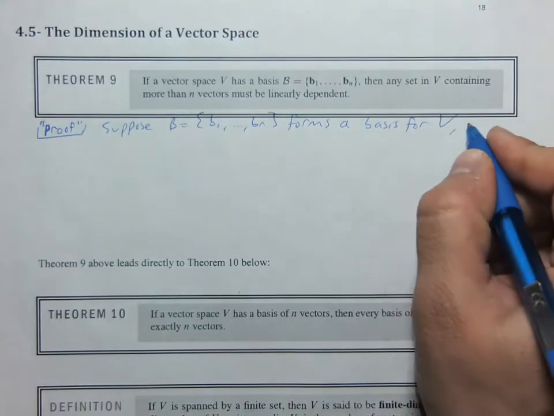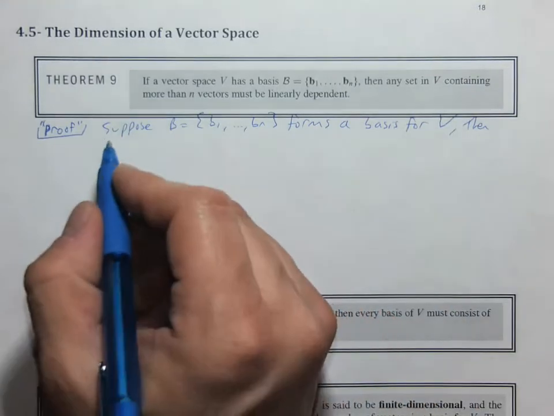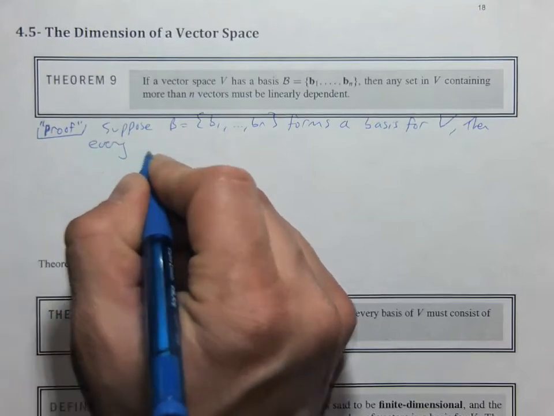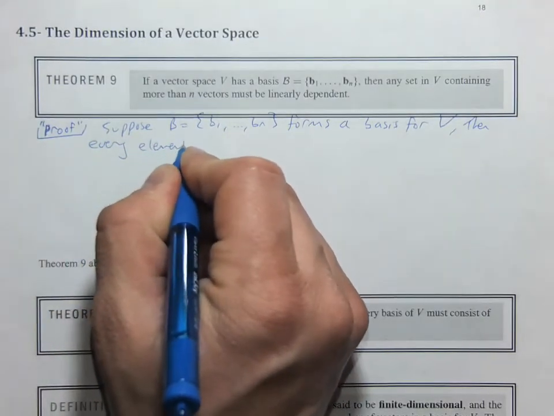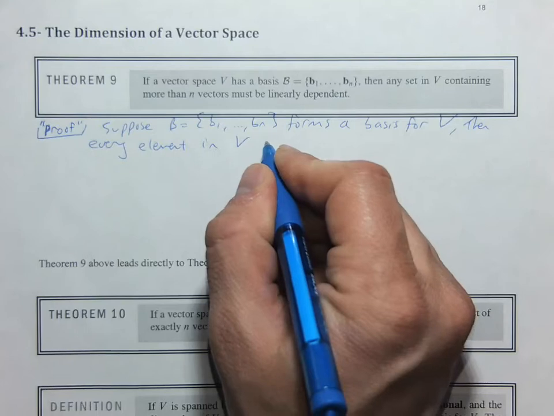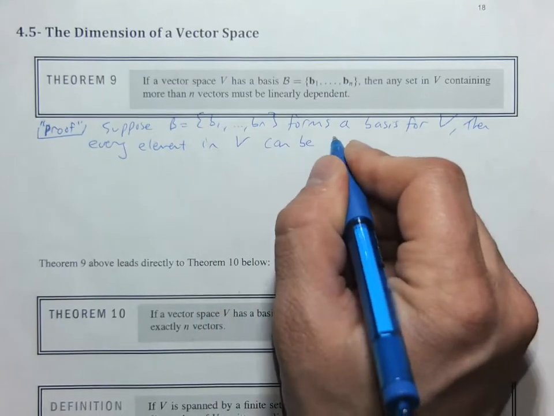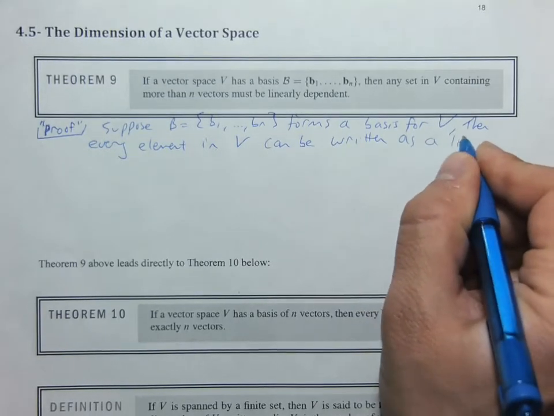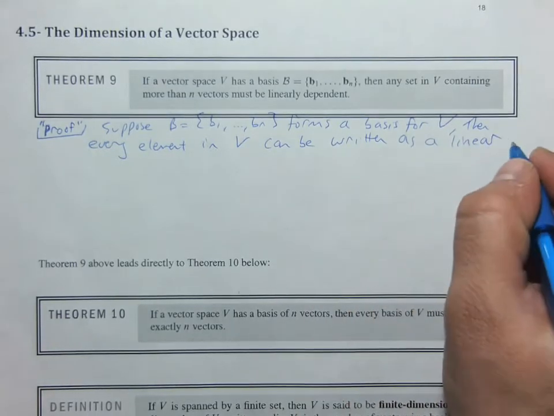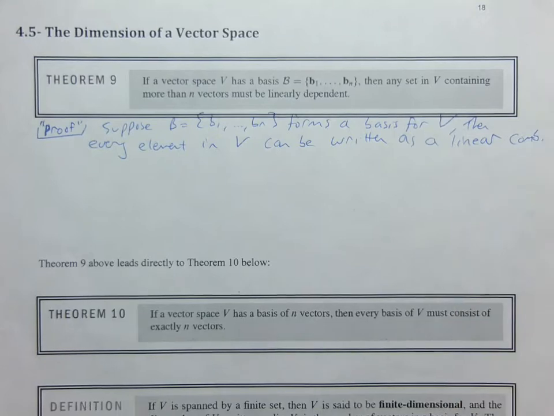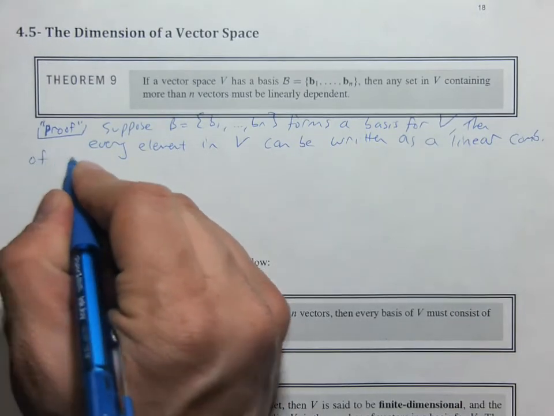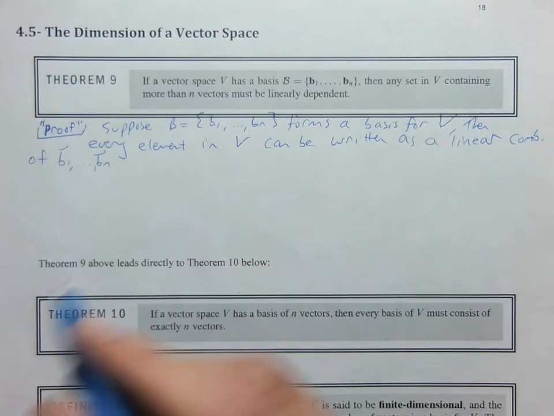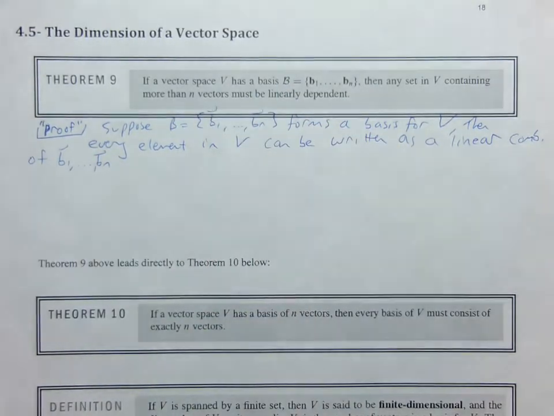Then by definition, every element in this vector space V can be written as a linear combination of these basis elements. These b1 through bn are vectors. I forgot to put the vector sign on there.